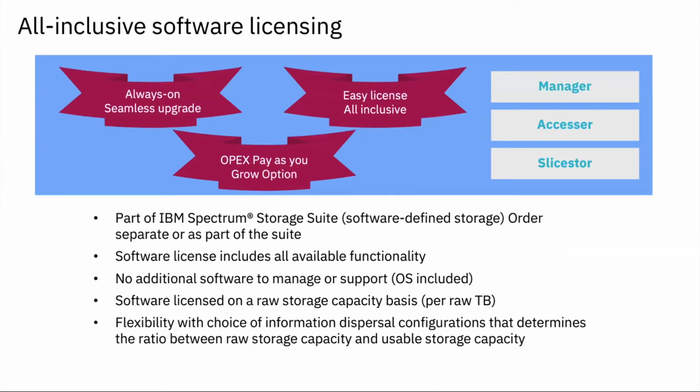Licensing. Very simple licensing model. You buy your hardware based on the solution, and I work with you to define what the hardware requirements are, typically based on what are your usable requirements, how many sites do you have, let's talk about deployment options, and then we put together the hardware. You buy your hardware just like you do your normal hardware.